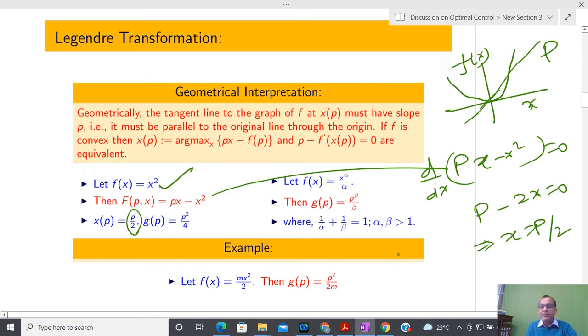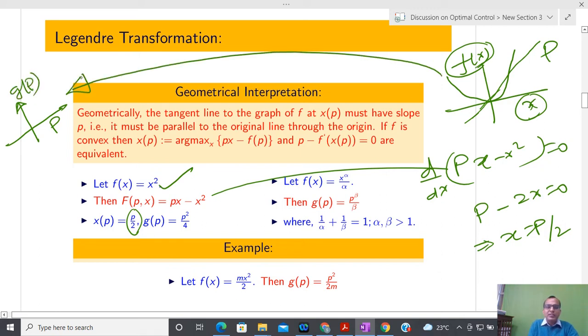Okay, so in this way, initially my function is f(x) and the independent variable is x. Now again I have a convex kind of function and the independent variable is p. So in this way I am able to transform this to this. Okay, so I think that the process is very easy.